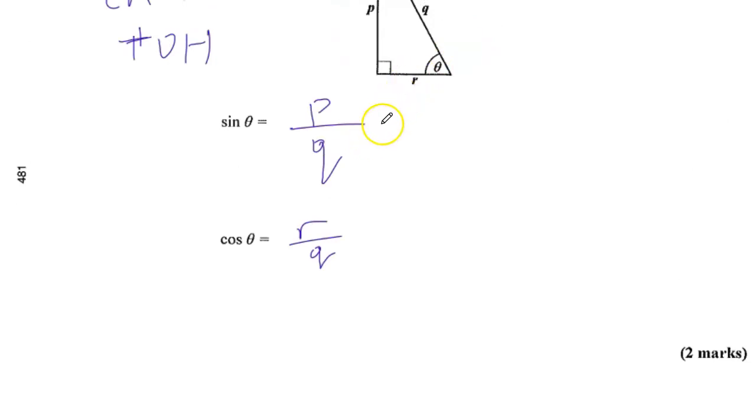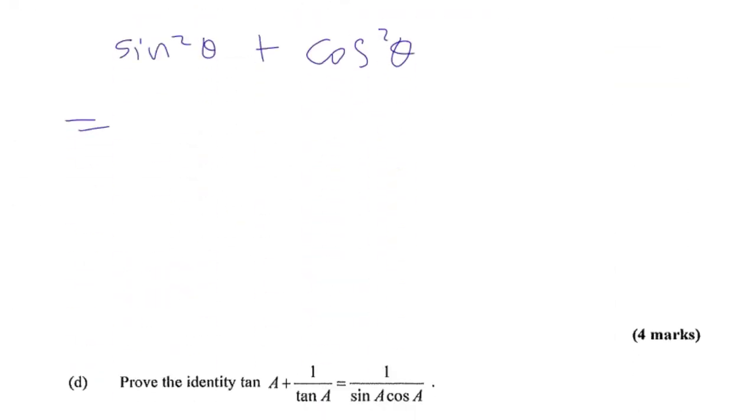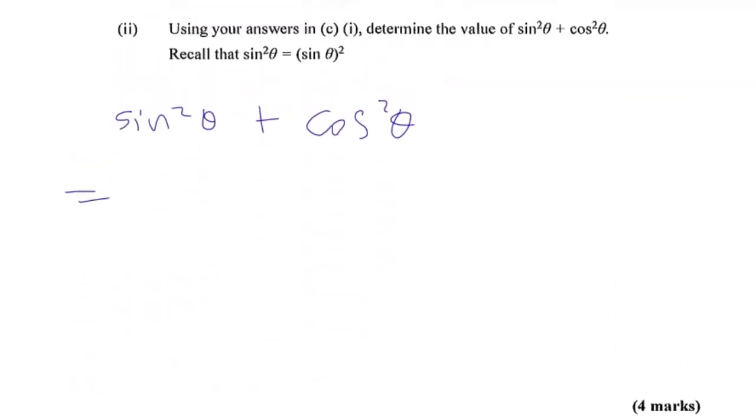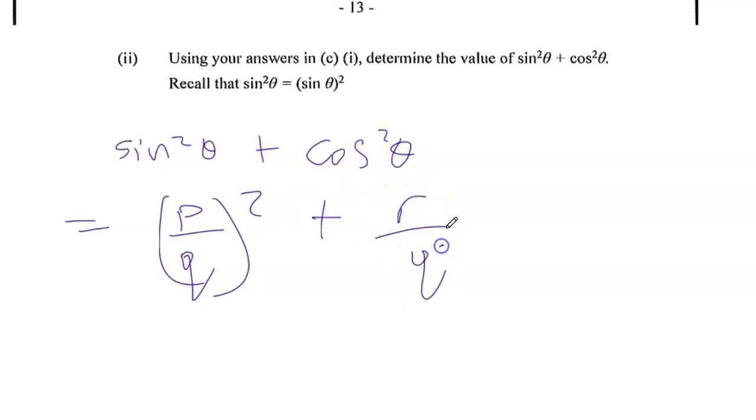So remember, sine theta was P over Q, cos theta was R over Q. So P over Q all squared, plus R over Q all squared.